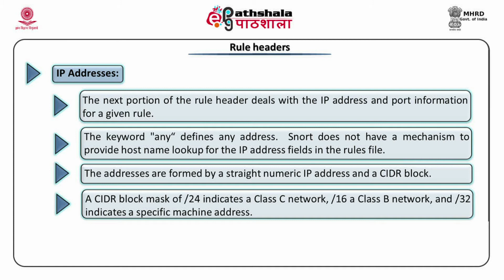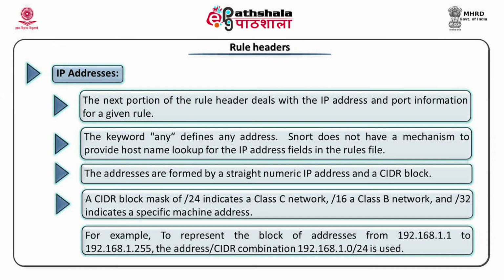CIDR stands for classless inter-domain routing. CIDR indicates the net mask that should be applied to the rule's address and any incoming packets tested against the rule. So a CIDR block mask of /24 indicates a class C network, /16 a class B network, and /32 indicates a specific machine address.